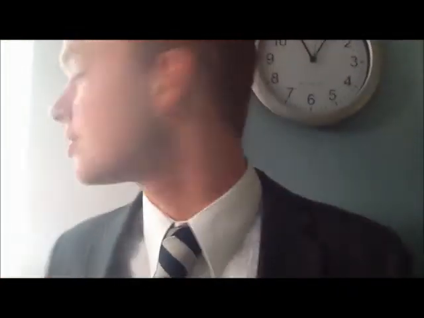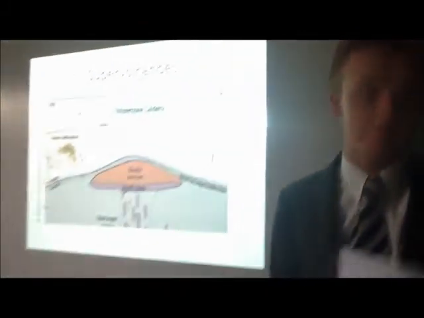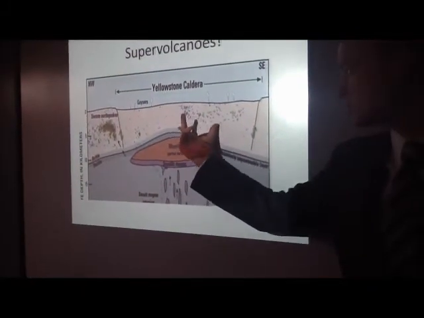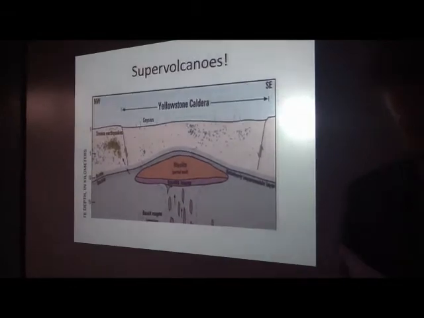They do not usually have mountainous appearances, as we can see here. They usually are seen as an indent on the Earth's crust, from where previous eruptions have occurred and the crust is sunk in a little bit. It's called a caldera.